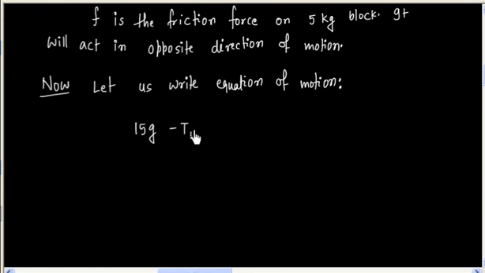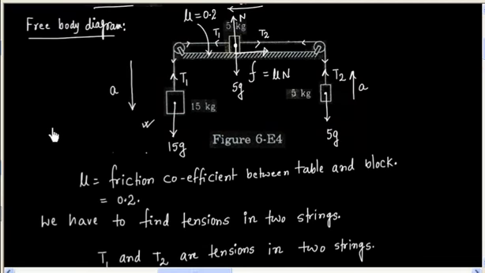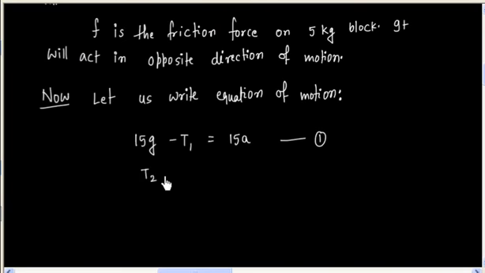So 15g minus T1 is equal to 15a, that is mass into acceleration. Now let us write for this block. This is going in the upward direction. So T2 is positive and 5g is negative.